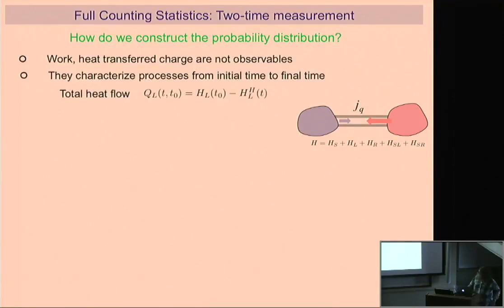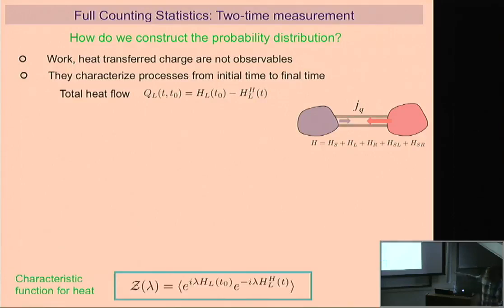So the same question: how do we construct the probability distribution? Let's say we focus on the left Hamiltonian, only the left side. We measure it at time 0 and at a finite time t, where this is the Heisenberg time evolution.